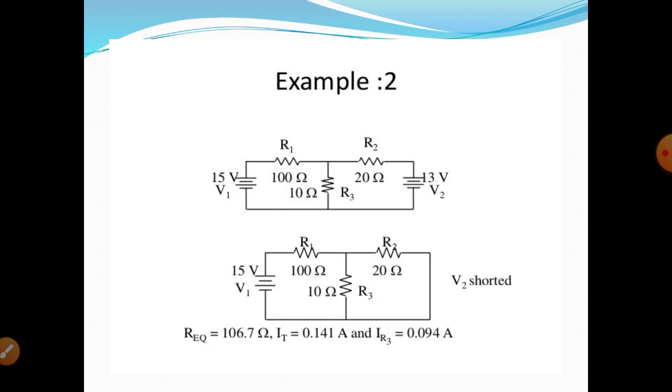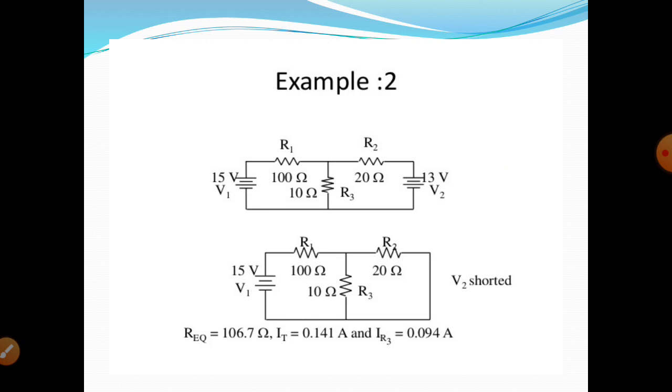Example 2: in this network we have to find the value of current through the R3 resistance. In step 1 we consider the two voltage sources V1 and V2. V2 is short circuited.